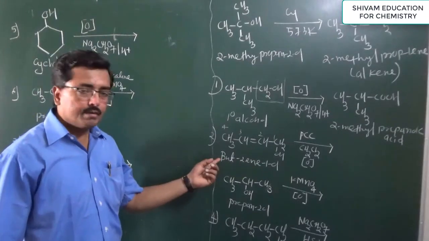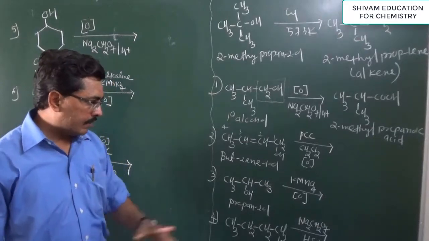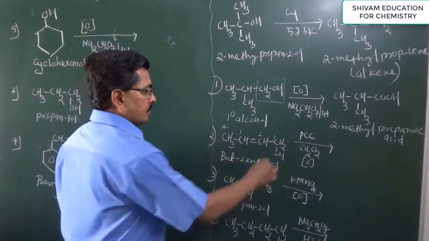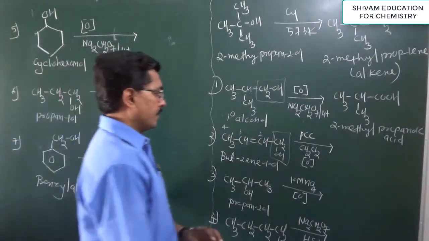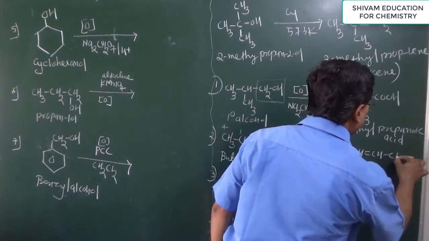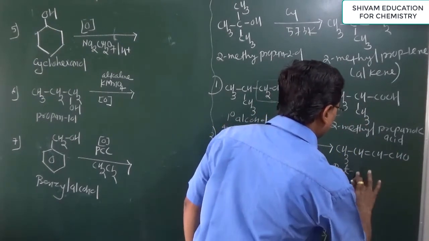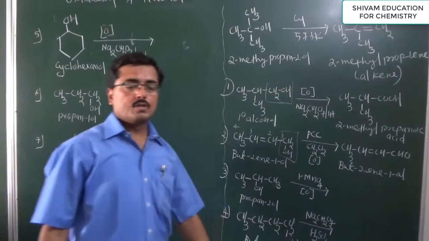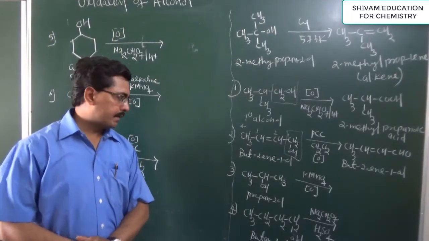Now here, but-2-en-1-ol. This is a primary alcohol. Second thing, we use pyridinium chlorochromate, which is a weak oxidizing agent. So this CH2OH will convert into only an aldehyde. As a result we get CH3CH=CH-CHO, which is known as but-2-en-1-al.